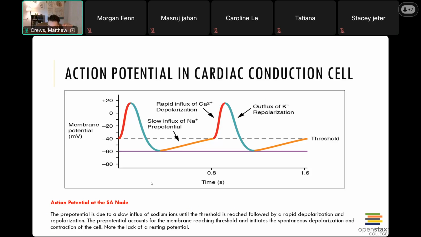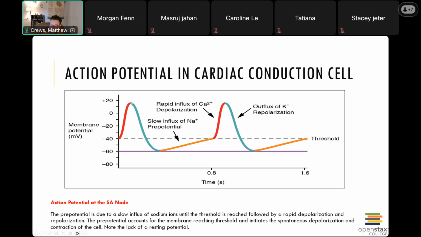So it's going in a net negative direction because you're sending out more potassium than you're bringing in sodium, right? So your potential goes down, and then it's got to kind of balance itself. So it'll slowly let sodium back in, and then there is a rapid influx of calcium.